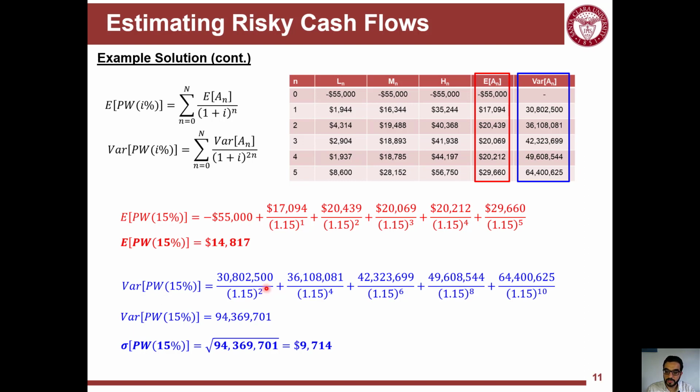So don't forget, you can see here the double power between the expected value formula and the variance formula. Once you get the variance, then sigma, the standard deviation, will be equal to the square root of it. So that's my standard deviation of that present worth.